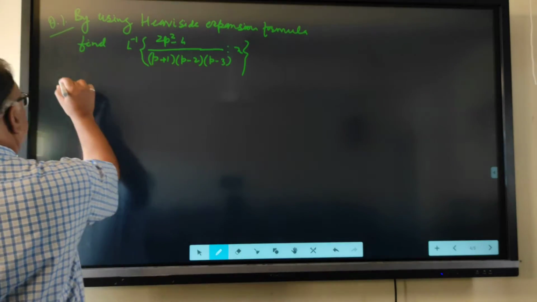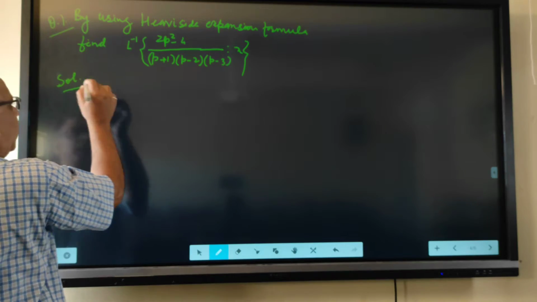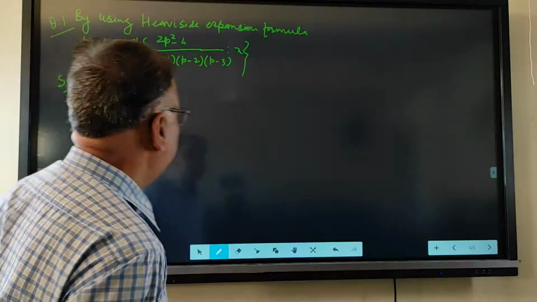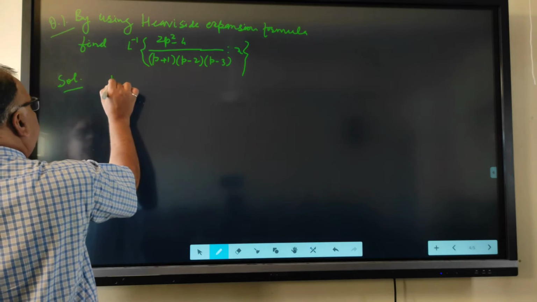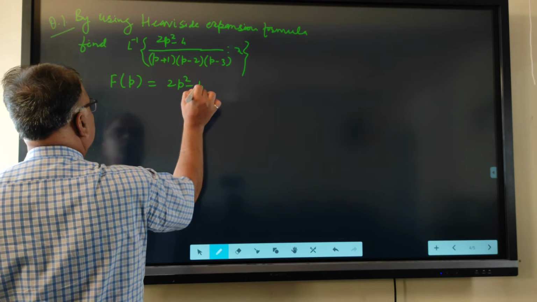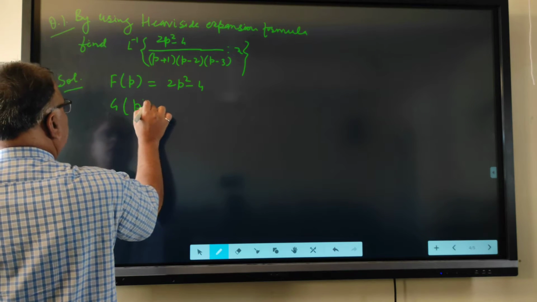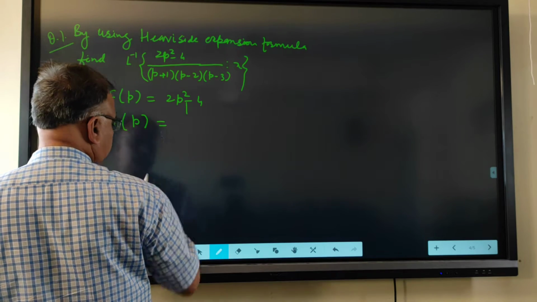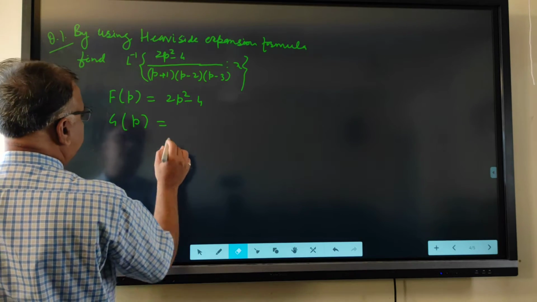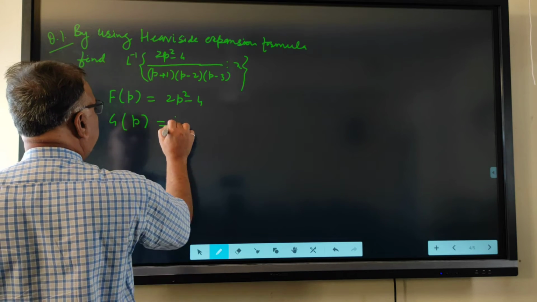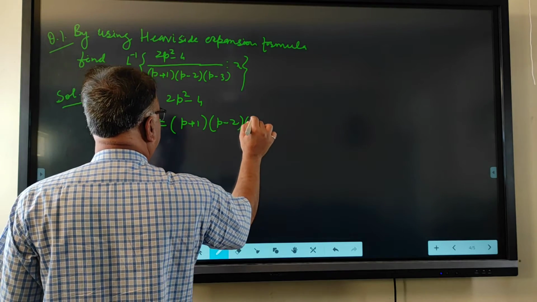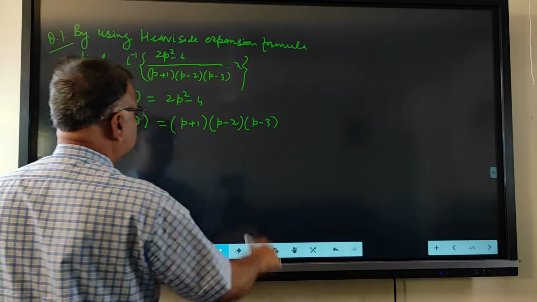Here, by comparing this function with the Heaviside expansion formula, we find that F(p) = 2p² − 4 and G(p) = (p + 1)(p − 2)(p − 3).